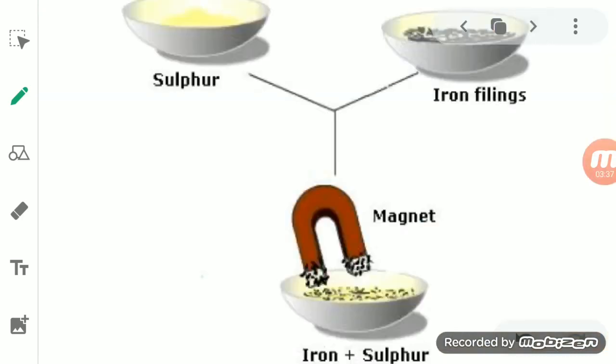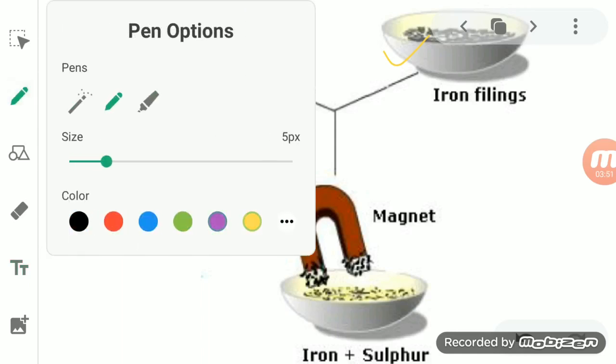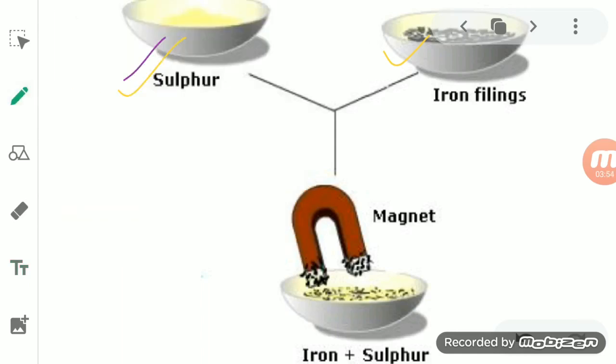Now we can understand this process with the help of an example. Suppose we take a mixture of iron filings and sulfur and mix them together.